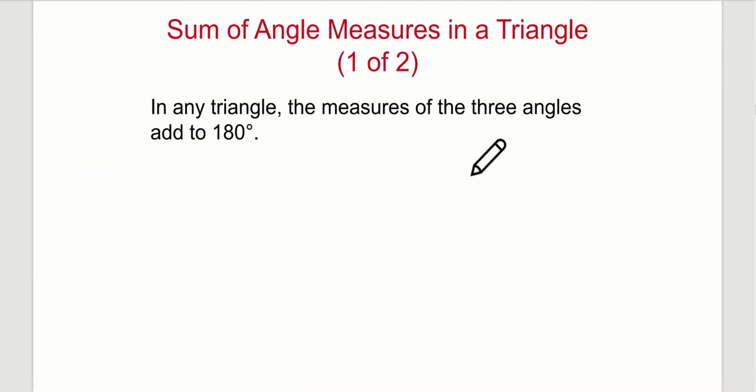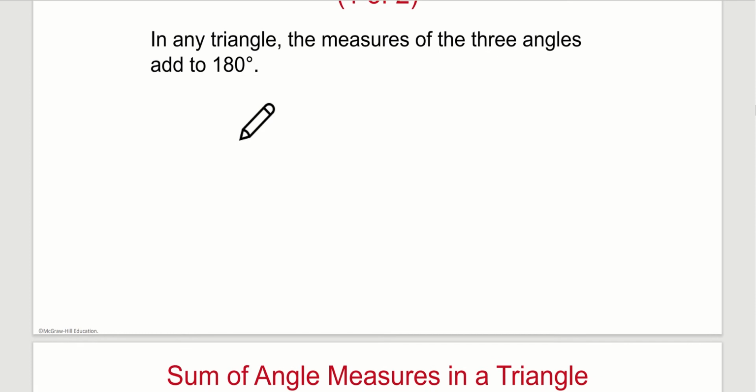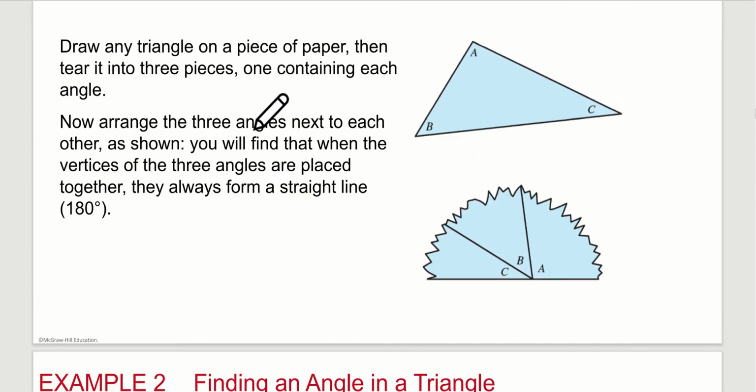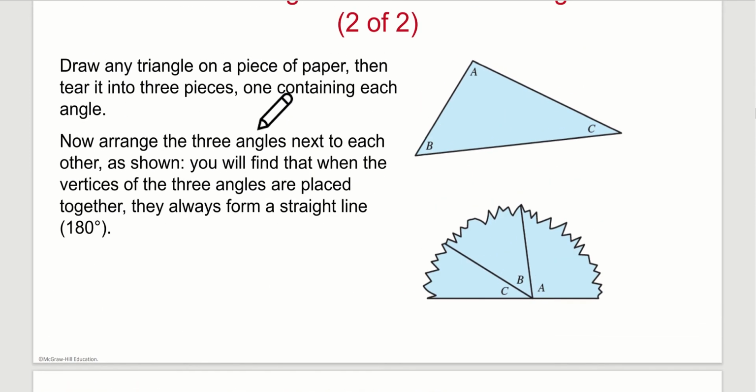One of the important results as it pertains to a triangle is that the sum of the interior angles of a triangle always add up to 180. To see why this is the case, suppose you have a triangle and you rip it into three pieces.